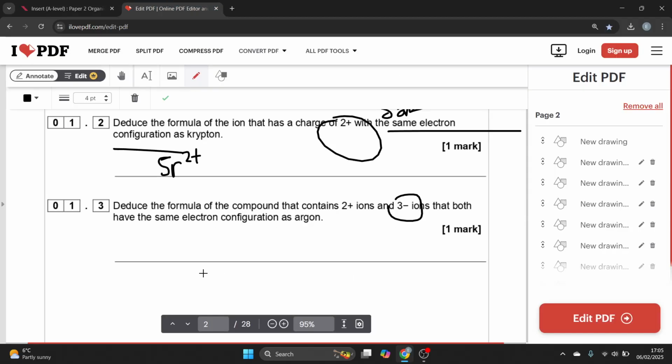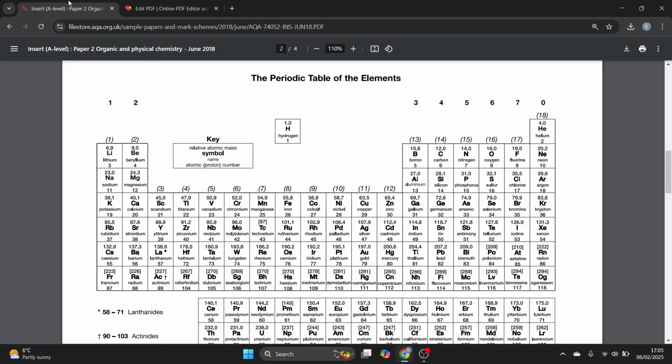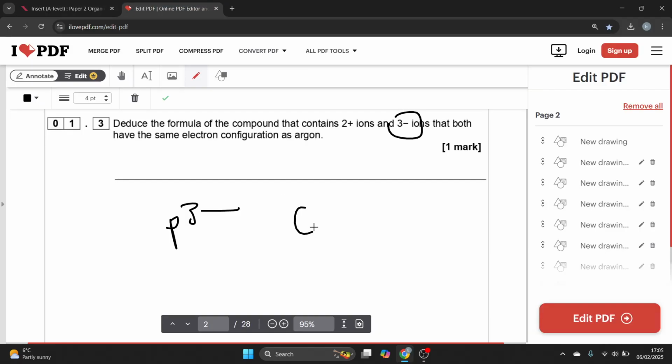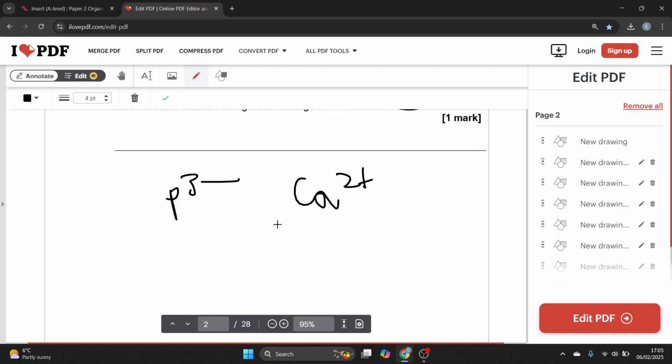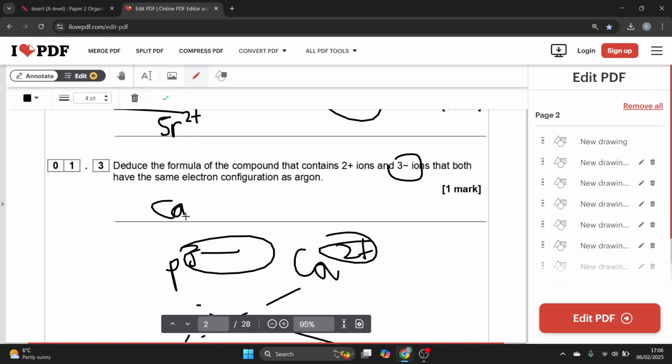So it's going to be P3- for one of them, and the other one with the 2+ ions, well, that's going to be calcium, Ca2+. And what you do in this case is you just swap the charges. So it's going to be Ca3P2, and that's going to be the overall compound, Ca3P2.